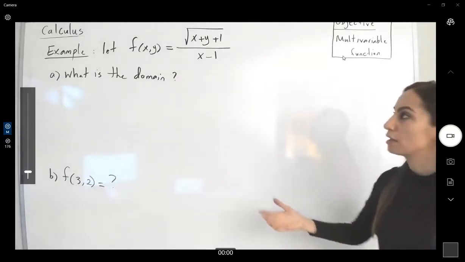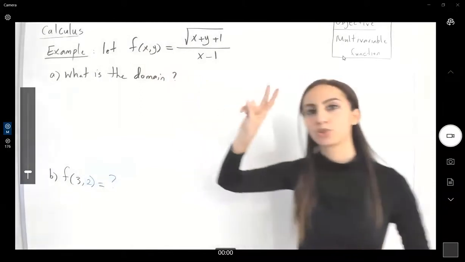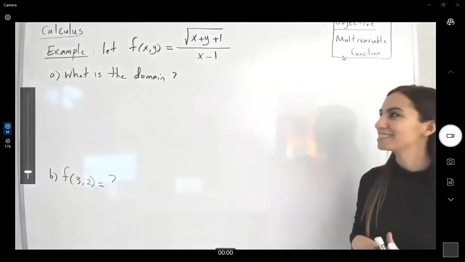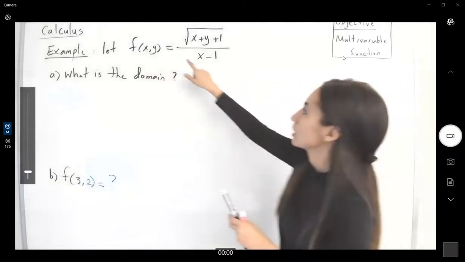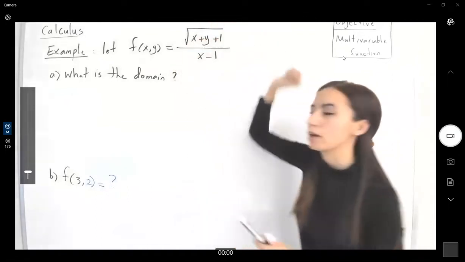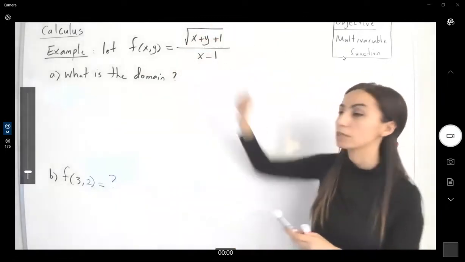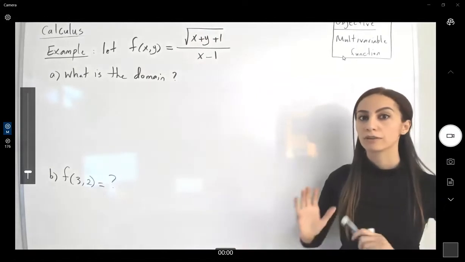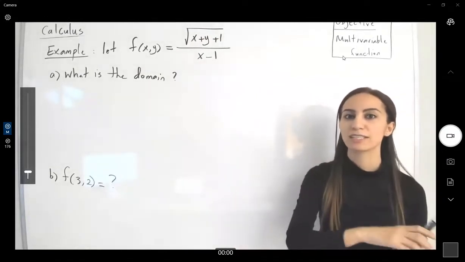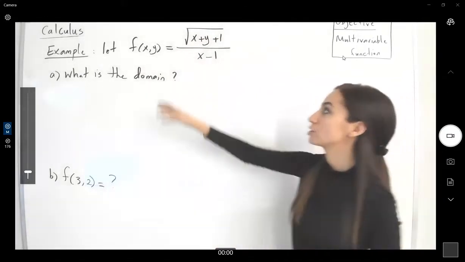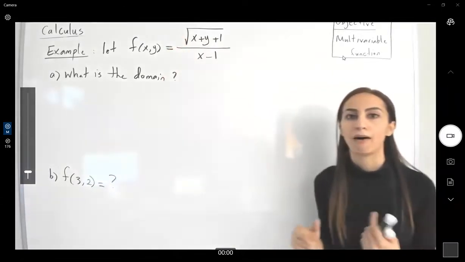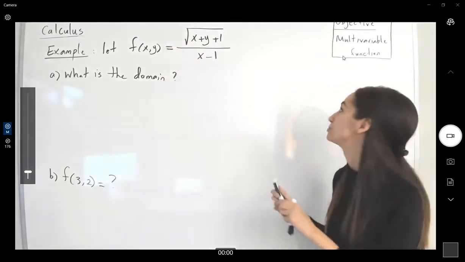As you can see, this function has two free variables. It has something in the numerator and something in the denominator. We are going back to elementary calculus, what we learned about the domain of a rational function.